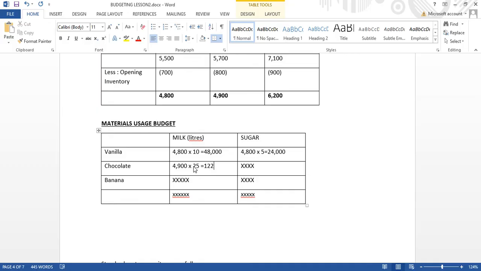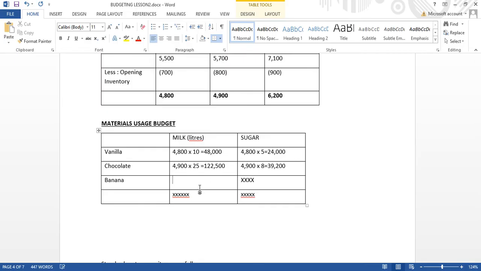We need 122,500 liters of milk for chocolate. Then for sugar, 4,900 times 8, since we need 8 kg of sugar for each unit of chocolate. We need 39,400 kg of sugar for our chocolate.